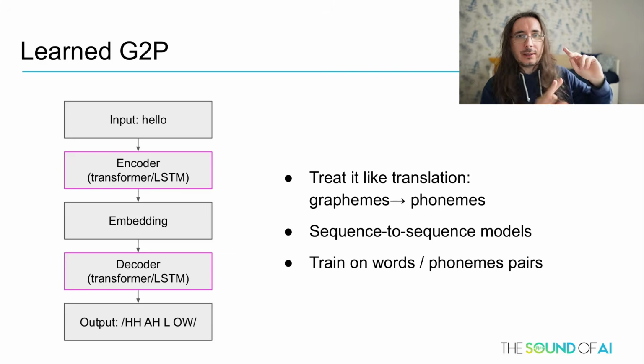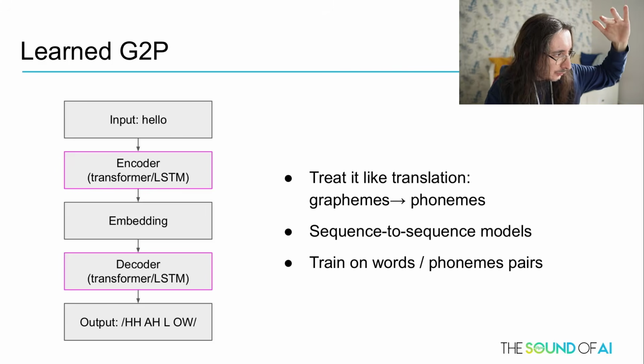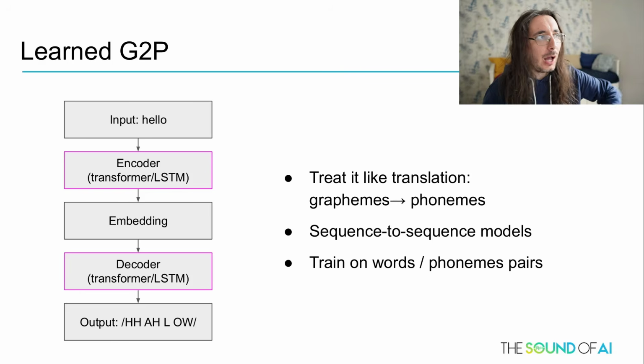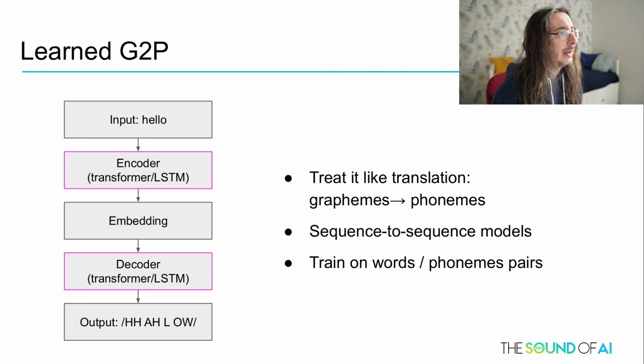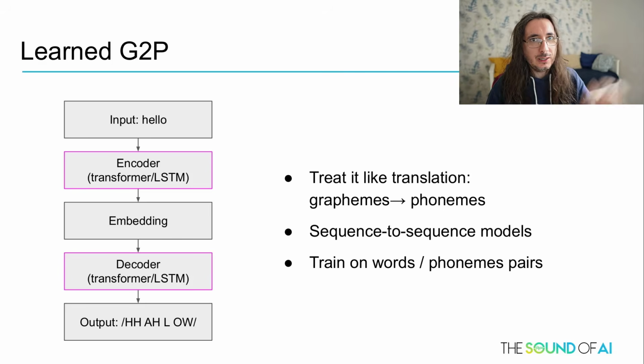So let's take a look at the workflow that we can apply for these learned G2P models. The input is always the same. It could be a single word or a sentence. Then we pass that through an encoder.